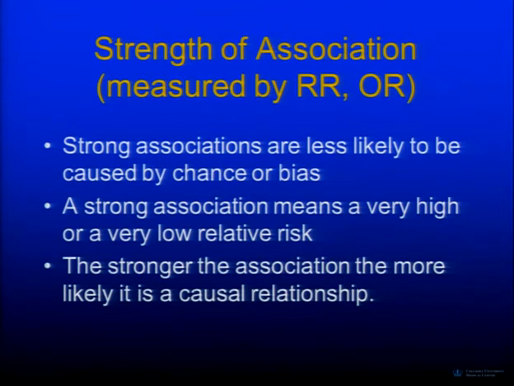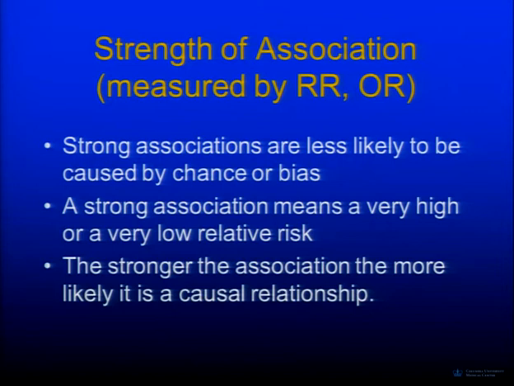So when the Surgeon General had all the papers on smoking and lung cancer, he had relative risks of about 10. I would be really happy if any study I ever did had relative risks like that. That's really hard to get, especially in dietary exposures. But a strong association means either a very high, if it's a risk factor, or a very low relative risk.